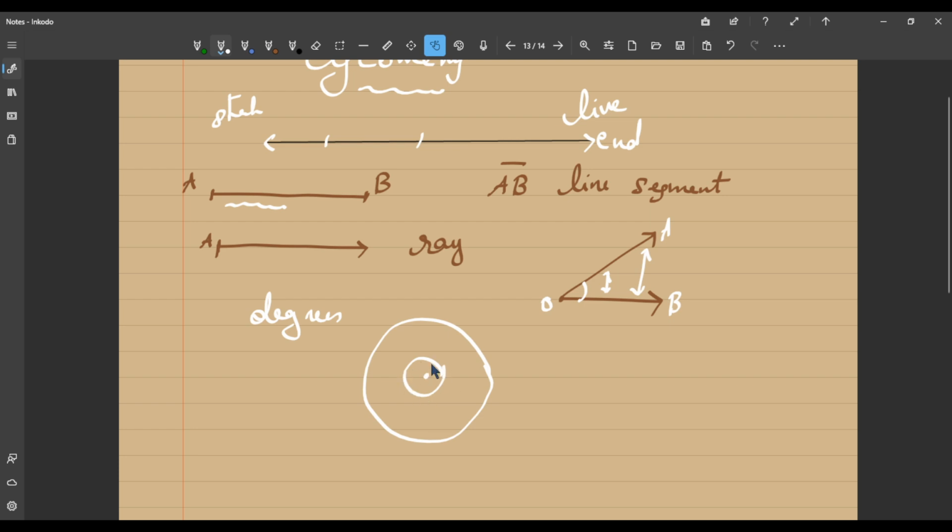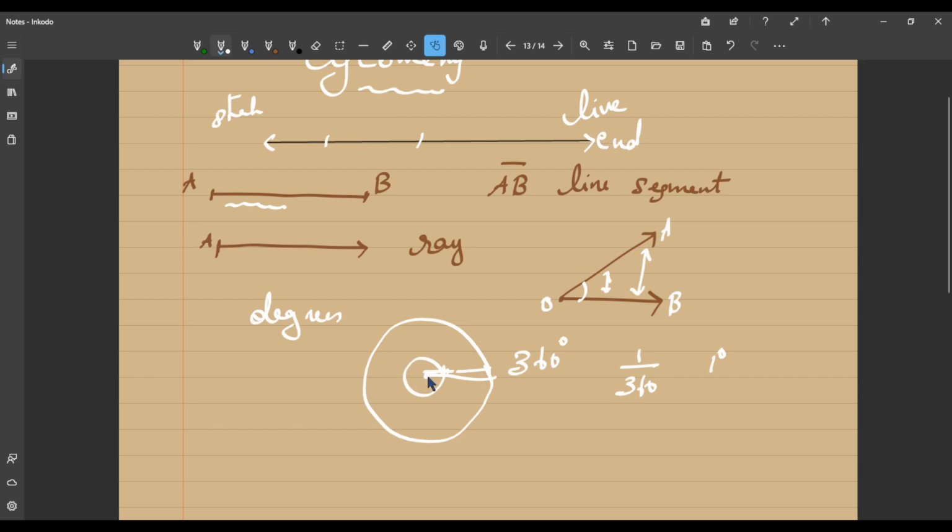A full revolution, a complete circle, a full revolution around the point is 360 degrees. This is the definition of degrees. And if the 360 degrees is divided into 360 parts, you have 1 degree. So, this is equal to 1 by 360 of a revolution, this is 1 degree, 2 degrees, and so on.